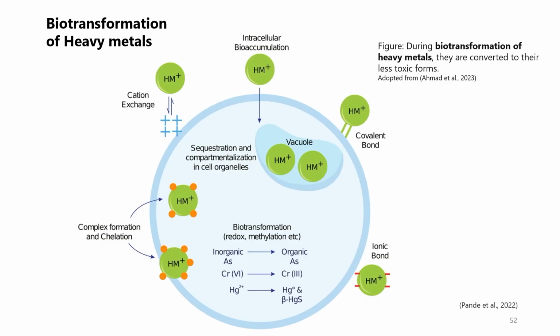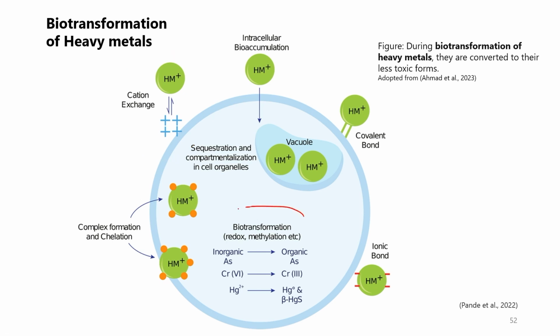So, here this figure shows the biotransformation of heavy metals, during which they are converted to less toxic forms. These heavy metal ions may be accumulated inside, which is called intracellular bioaccumulation, or they may be immobilized onto the cell by covalent bonding or ionic bonding, or there may be complex formation and chelation, and that can happen after internalization, or that may lead to the internalization, and there is also a cation exchange happening over here.